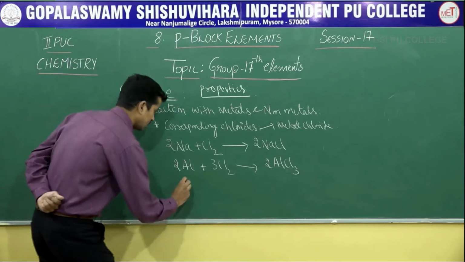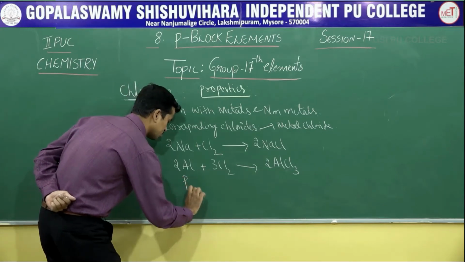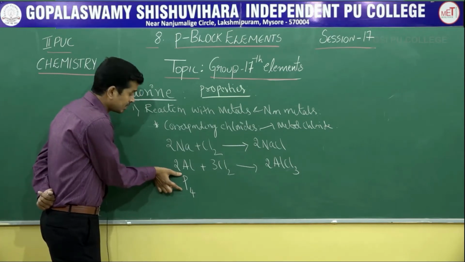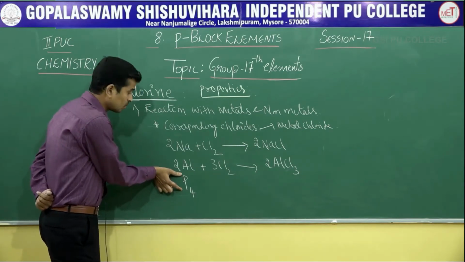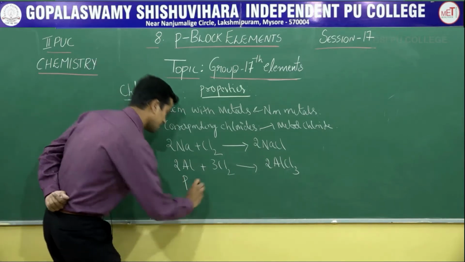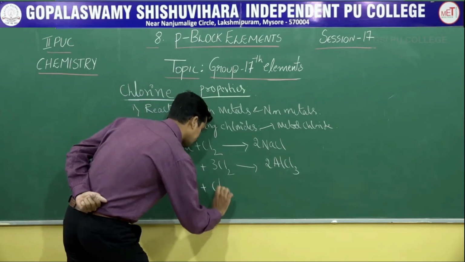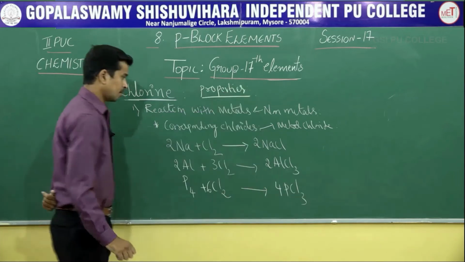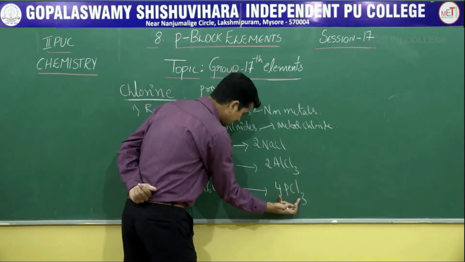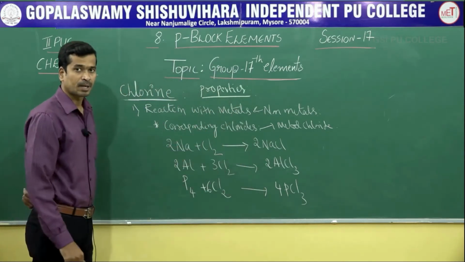Next, chlorine also reacts with non-metals like phosphorus, P4, which is tetraatomic in nature. You already studied this in group 15 elements, atomicity. Phosphorus P4 reacts with chlorine to give phosphorus trichloride, and with excess chlorine to give phosphorus pentachloride.